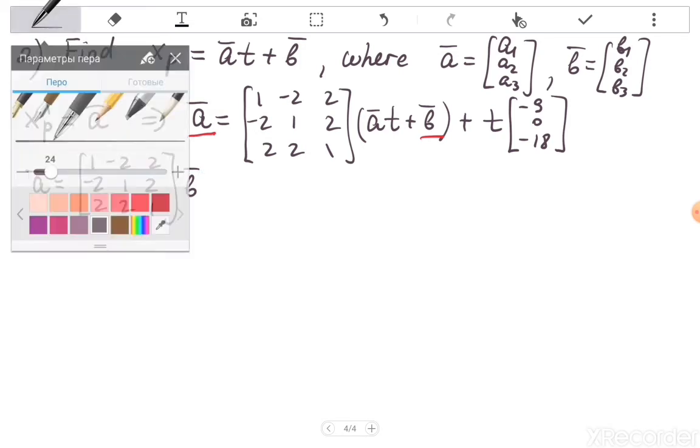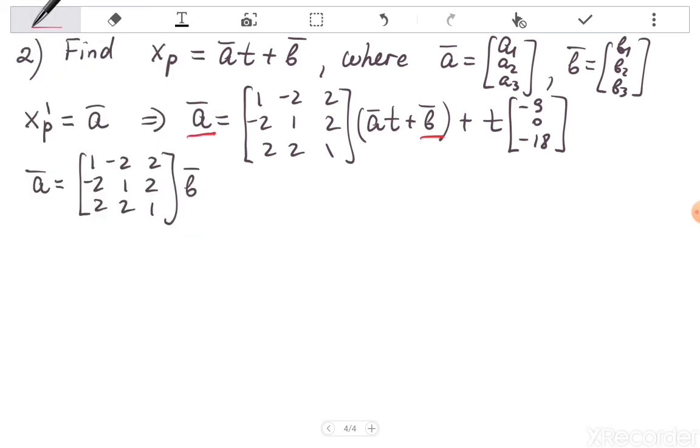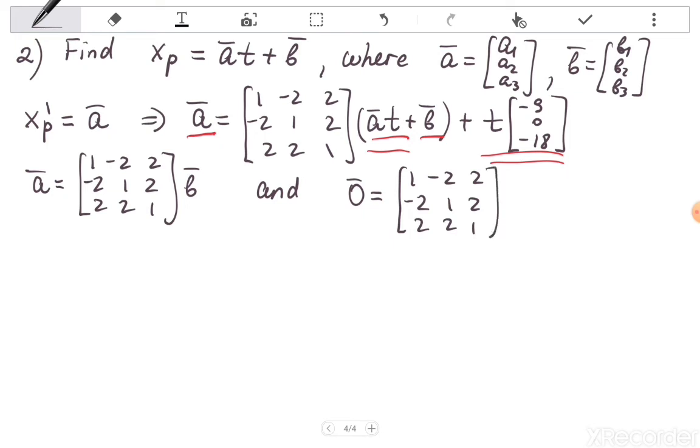And also we compare the coefficients in front of t. Here we don't have any t, here we have t here and here. So the other thing is the zero vector is the matrix times a plus this vector, the coefficient of t.